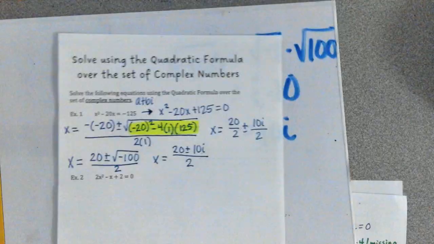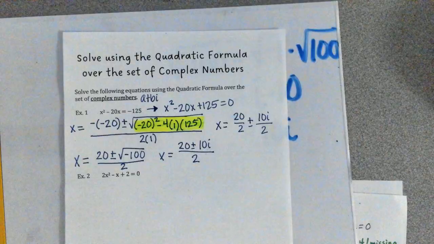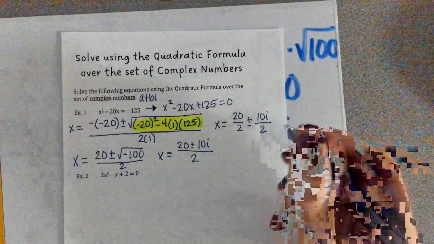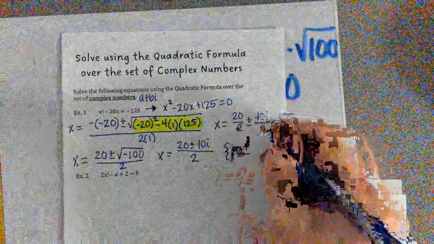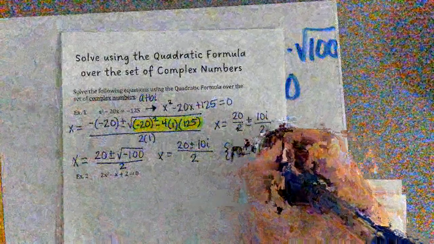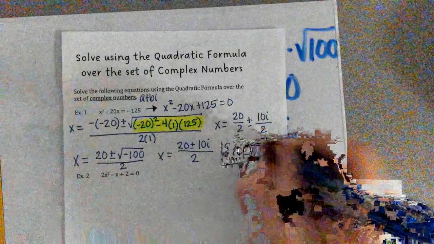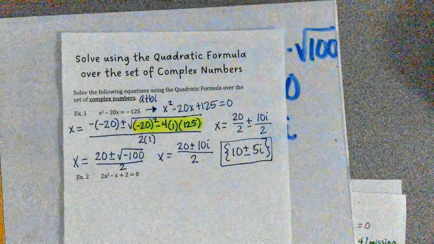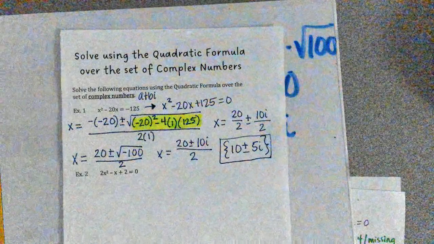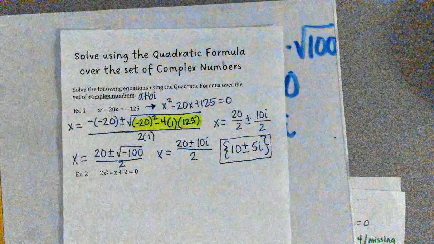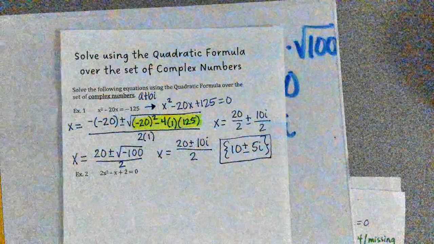And then can we not just simplify those fractions as they are? Yeah. So 20 over 2 is 10 plus or minus 10 over 2 is 5. So 10 plus or minus 5i, those are our solutions. One's 10 plus 5i, the other is 10 minus 5i. Okay?